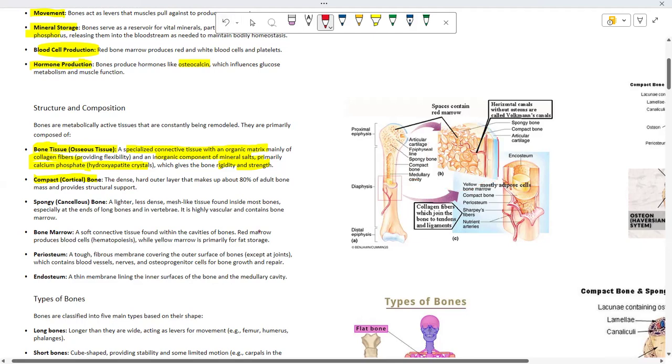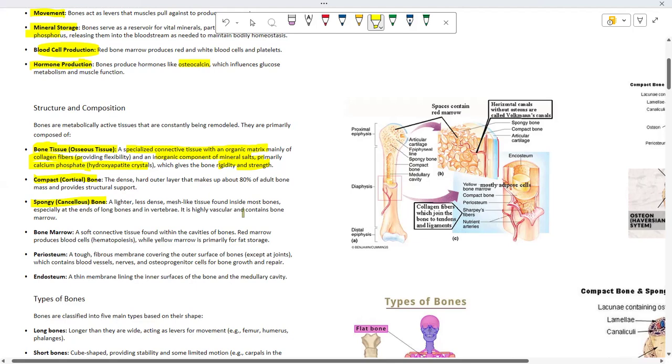All right. Then you have the spongy or cancellous bone. This is a lighter, less dense mesh-like tissue found inside most bones, especially at the ends of long bones and in the vertebrae.